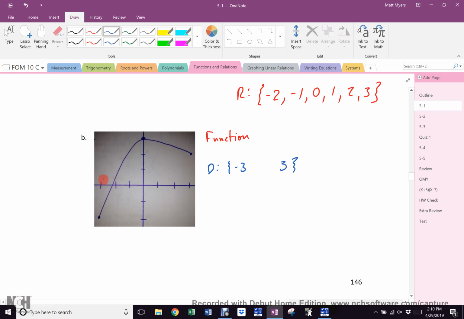Is there an input at -2.99999? Is there an input at -2.5? Is there an input at -1.75? Is there an input at -0.5? What about at 1? What about at 1.5? What about at 1.99999? There's always going to be an input, isn't there?